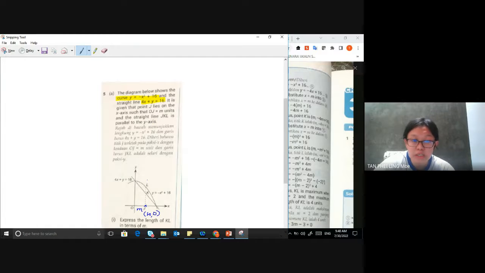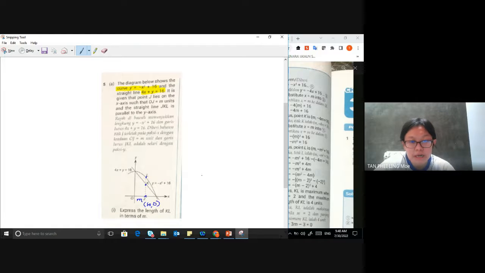And we also know that this is parallel. Now you have to find KL. They didn't tell us that this M is the midpoint or anything. They just tell us that this is M. When you want to find these two distances, first we have to relate to these two equations.